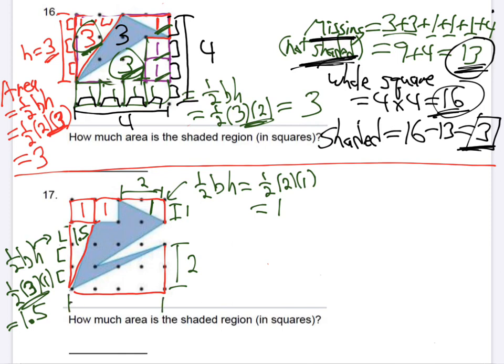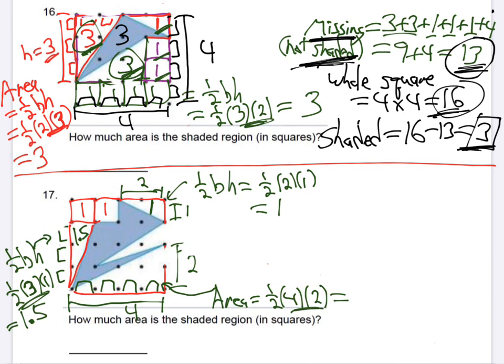From here to here is what? 1, 2, 3, 4. So the area here, let me bring it down here, must be a half of 4 times 2.